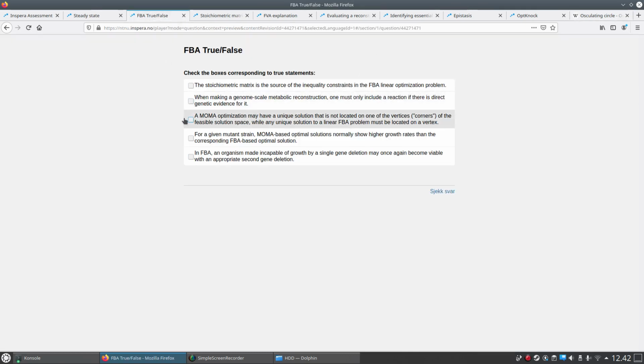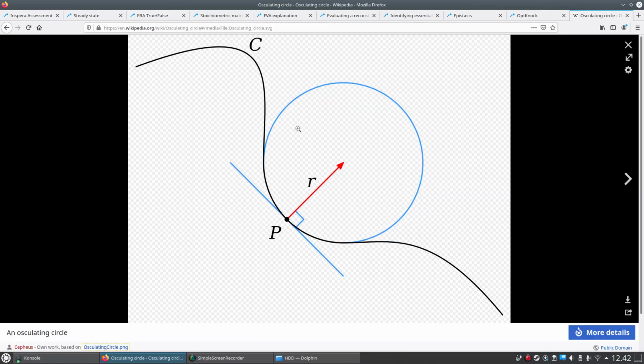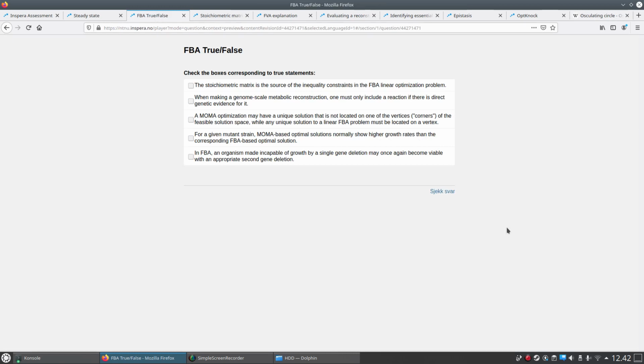And since a circle corresponds to a set of points that are equidistant from our original solution, any equivalent solution to a MoMA problem would also have to be on that circle.